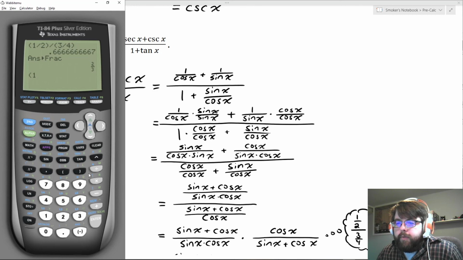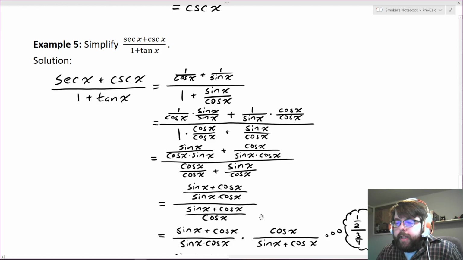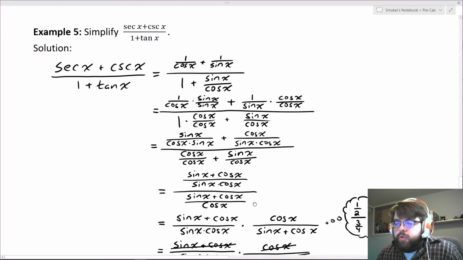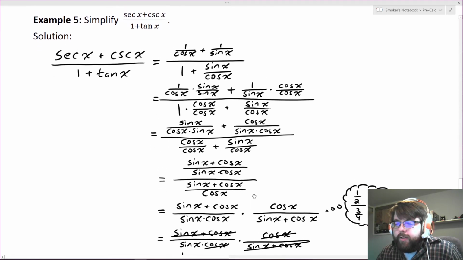We don't really need it for the first fraction, but to make it look more clear, let me put it in. And once again, 2/3. Confirmation. But that's really important, because once you do that, you can see some things that cancel out.